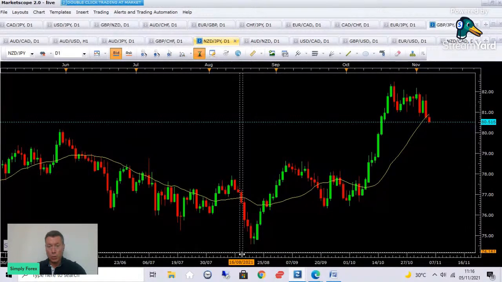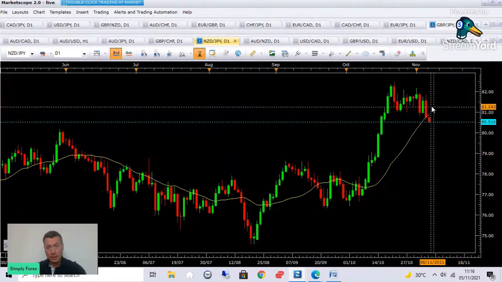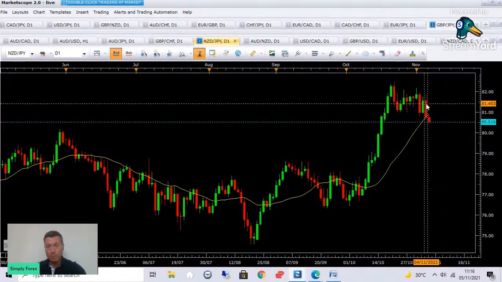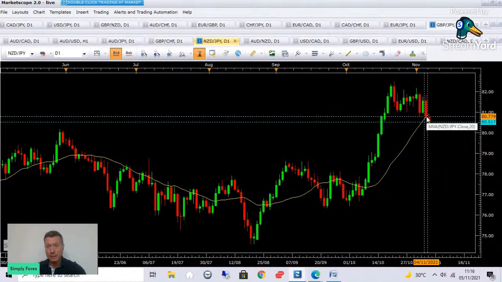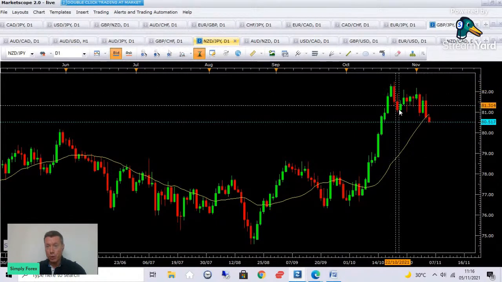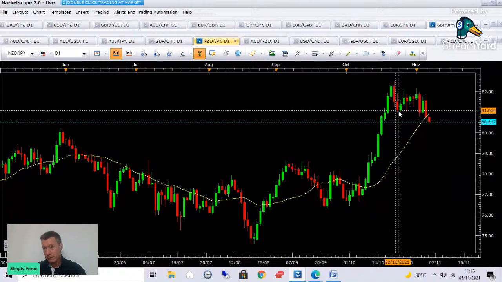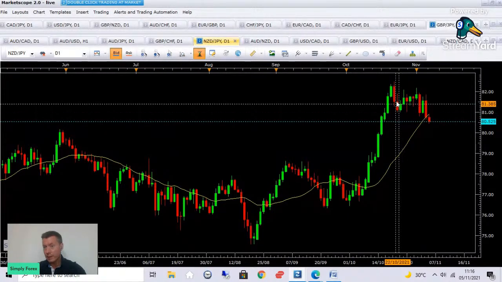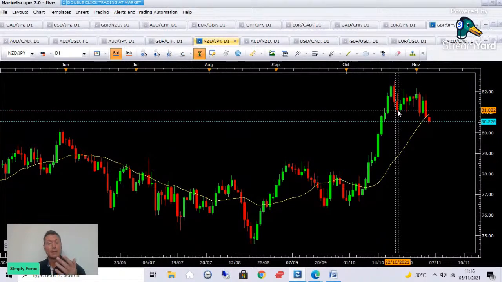I like this trade. We've got a large bearish candle from yesterday. It's broken this low here at 81.06. Again, like the Australian yen, these two are heavily correlated. They will do pretty much the same thing.